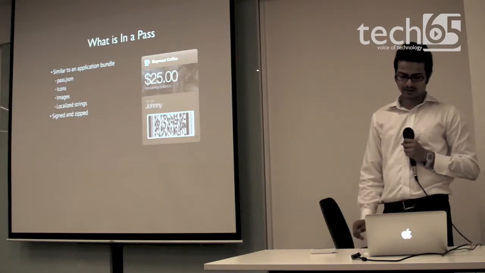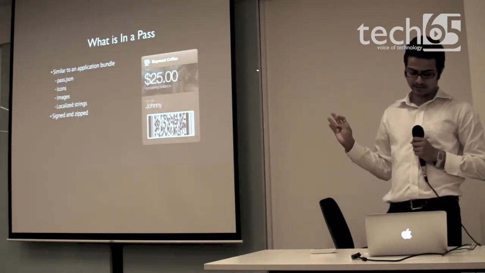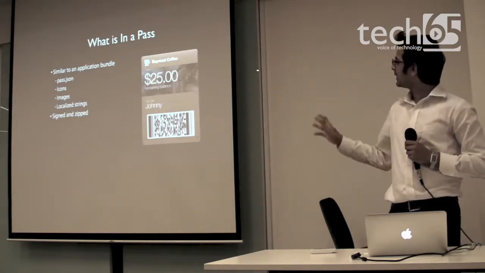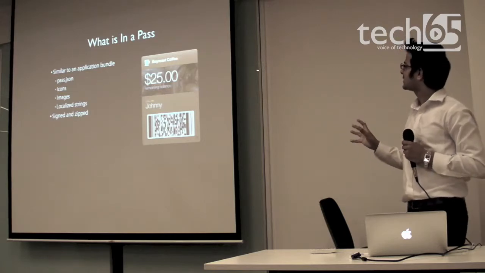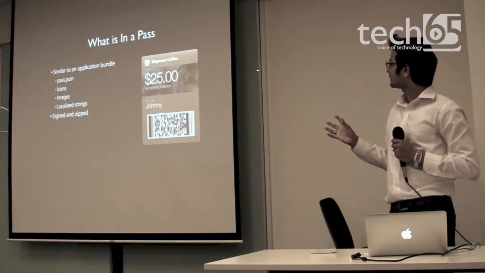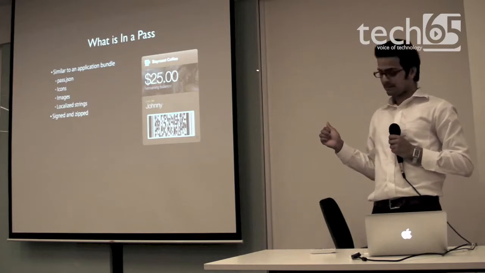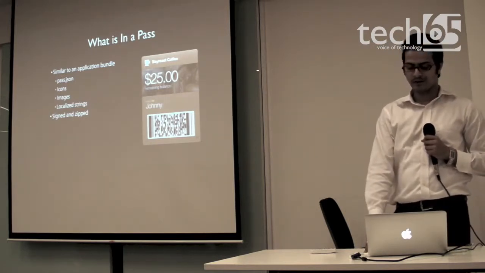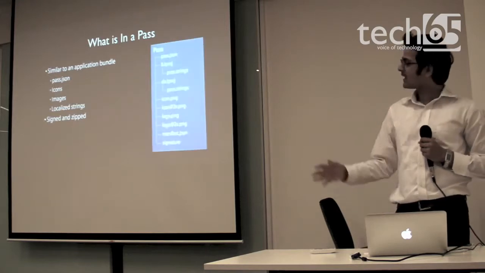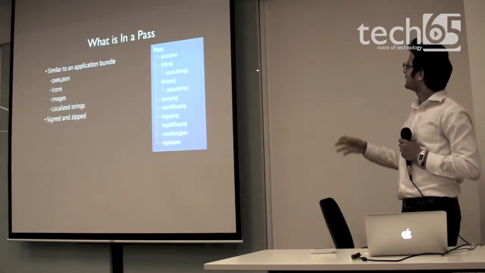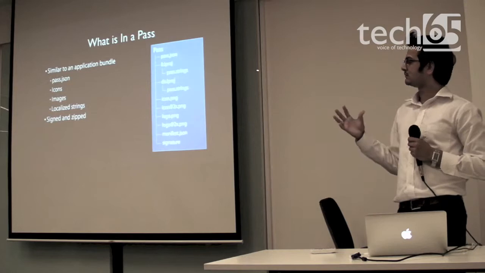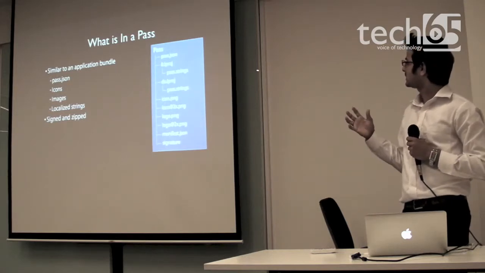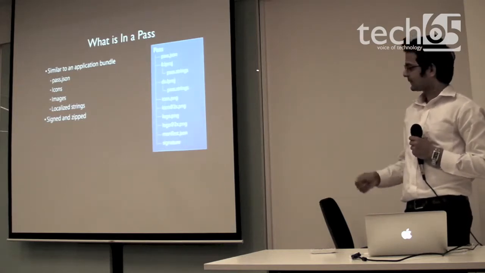So what exactly is within a pass? All these things are there, mostly icons, images, and the local strings for localization. The main important file is this pass.json, which you are going to modify. And this is how it looks. They have a little bit more files, for localizations like French, German, and so on.